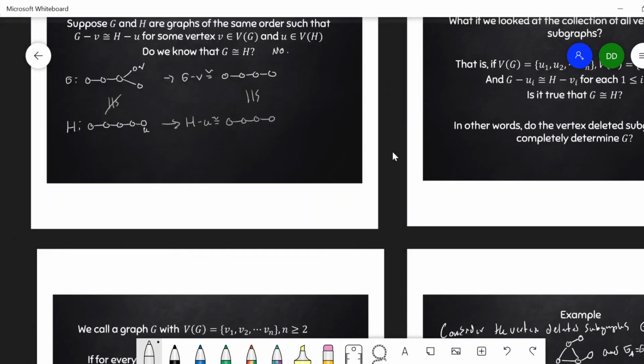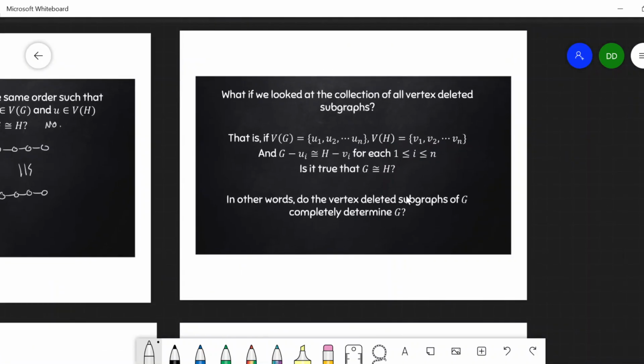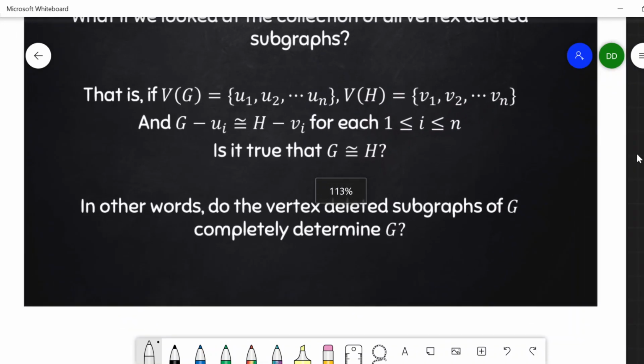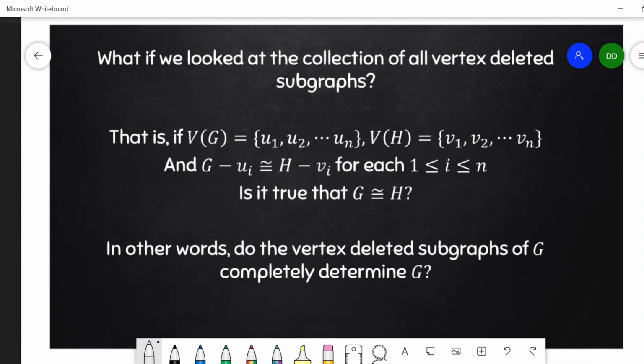All right, so this suggests something else to try, and that is, well, what if we looked at the collection of all vertex-deleted subgraphs? So let's say my graph G has vertices U1 through Un. My graph H has vertices V1 through Vn, so same order again. And what if it's the case that G minus Ui is isomorphic to H minus Vi for each of the vertices?